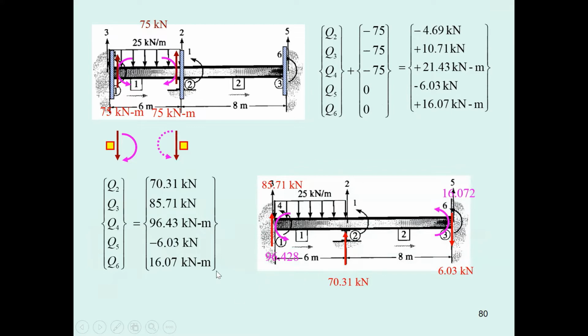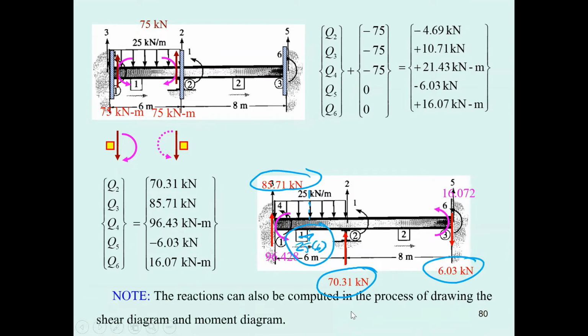Okay, you may check the combination of this one. You have this one for 25 times 6. Okay, this is downward. This is upward. This is upward. This is downward. You may check the combination of these 4 values, whether it's going to be 0. It must be 0. Okay, to make it correct.